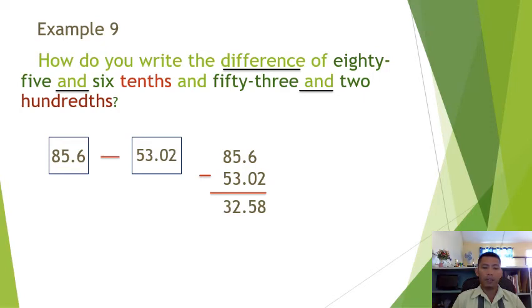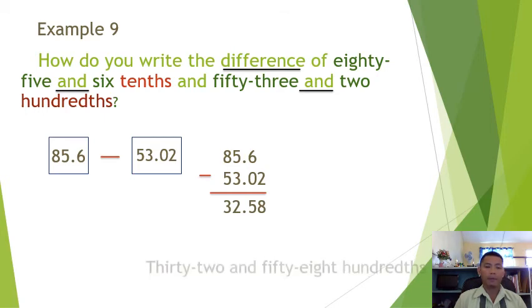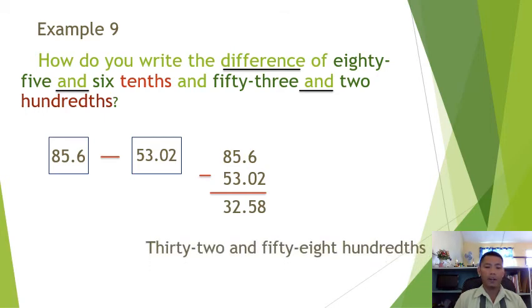And that gives us the answer 32.58, or 32 and 58 hundredths. In words, that is 32 and 58 hundredths. Okay? Are we clear? I hope so. Don't be confused.